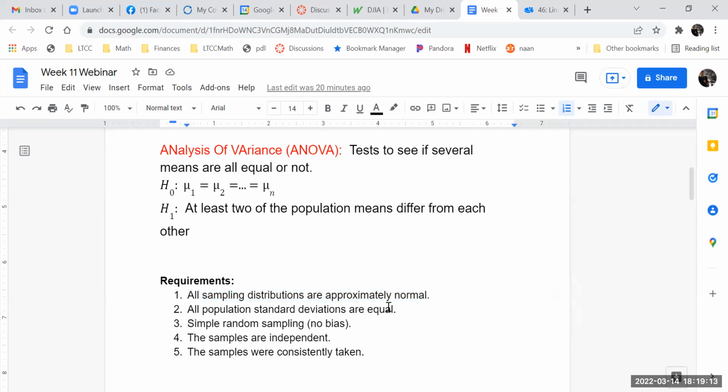Okay. Number 2. All the population standard deviations have to be equal or approximately equal. And I will tell you a couple things. One is that we do not have the tool yet to compare multiple standard deviations to even know if they're equal, right? Because all we have is samples. So that's a problem.